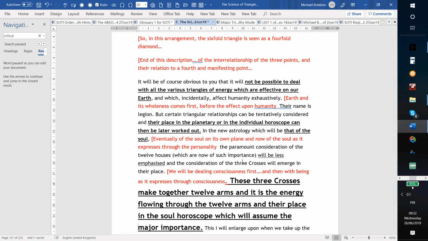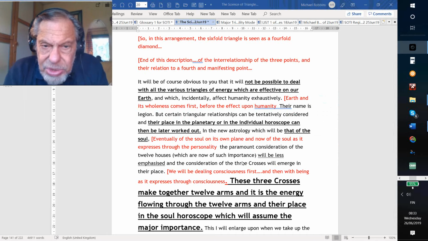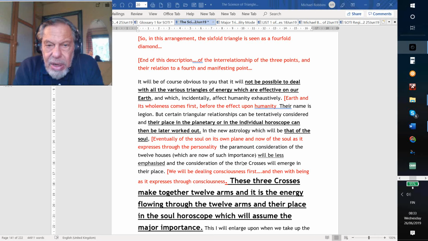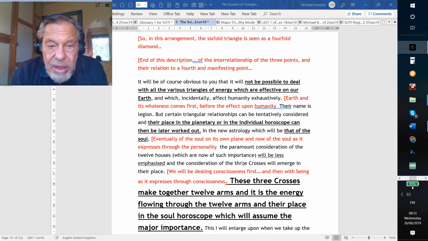But certain triangular relationships can be tentatively considered, and because probably they mean a lot more than he can say, he's giving at least a hint about their nature. Their place in the planetary or in the individual horoscope can then be worked out later.